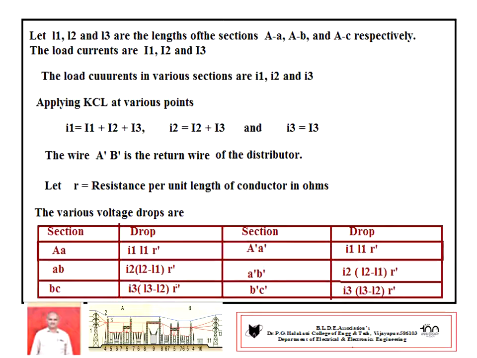Similarly, in section small a to small b, the current is I2 and the length is L2 minus L1, into R dash. In section small b to C, I3 is the current and the length is L3 minus L2, into R dash, and so on for the return wire as well.